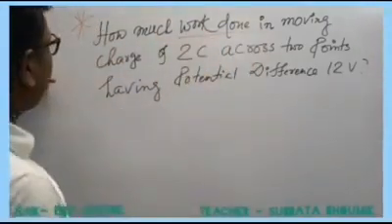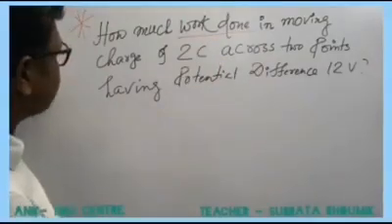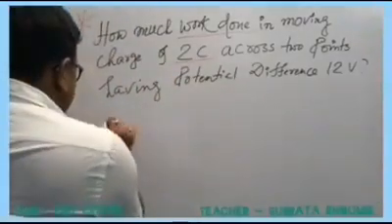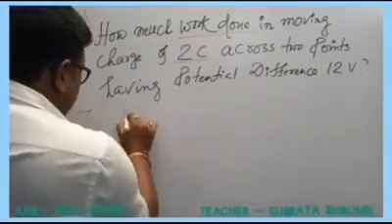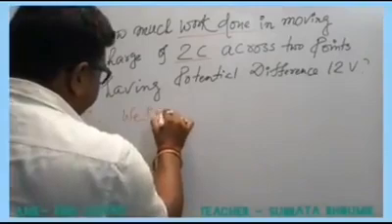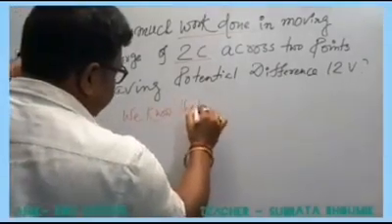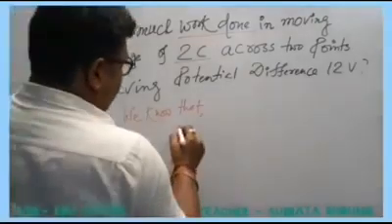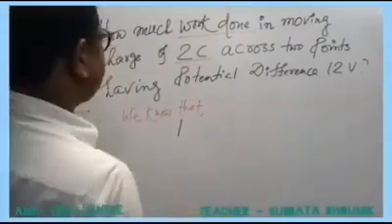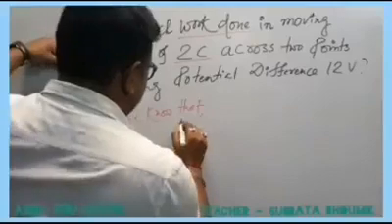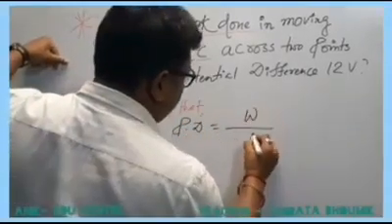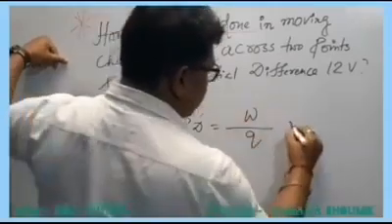W is what we have to find. In moving a charge of 2 coulomb across the points, the charge given here is 2 coulomb. We know that potential difference is work done by charge.